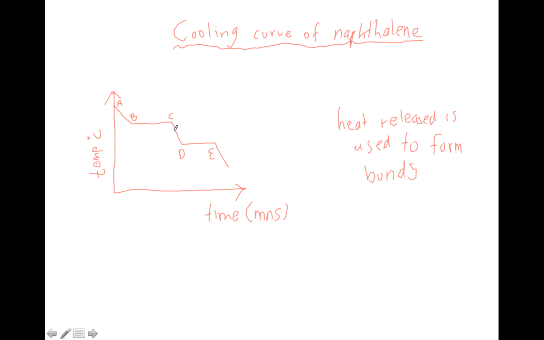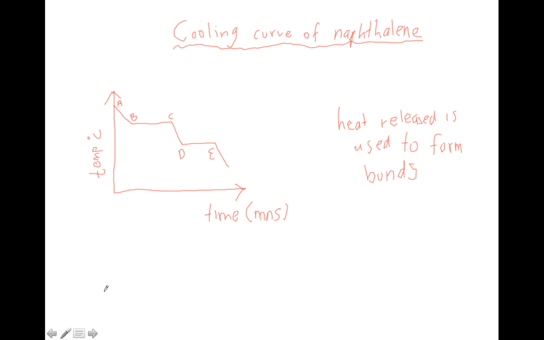Then temperature decreases, and at this point temperature is constant, the heat released is used to form bonds. At this E over here, naphthalene becomes a solid, and that's it, guys. That's all there is for the cooling curve of naphthalene.